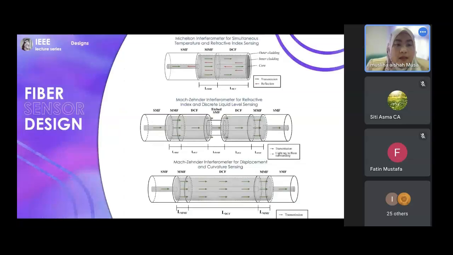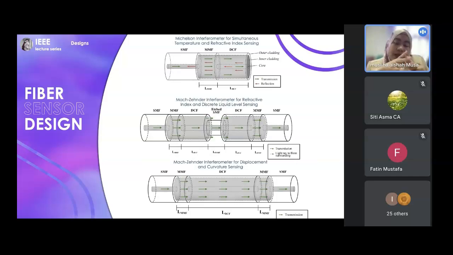Okay, this is a design that I used for my PhD, where I use a three-component fiber optic sensor, which is single mode fiber, multi-mode fiber, and double clad fiber.